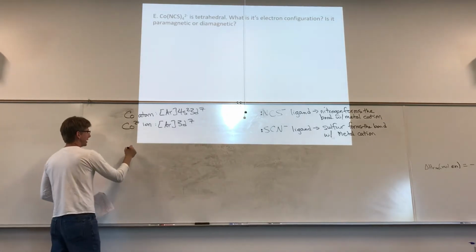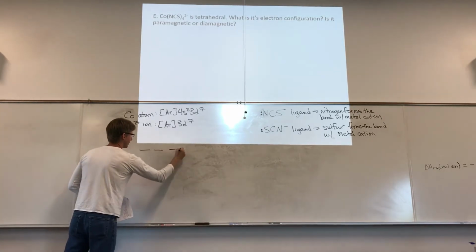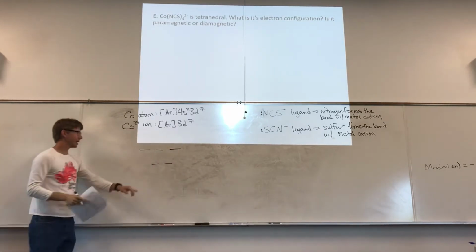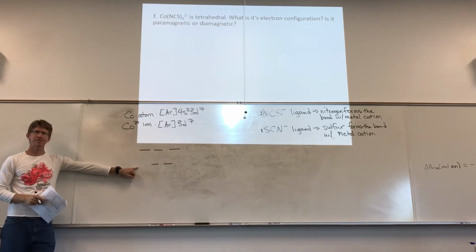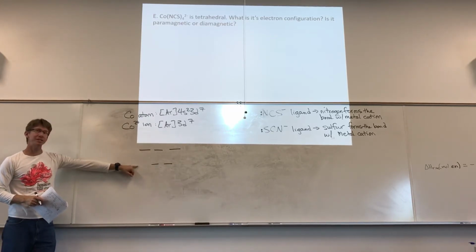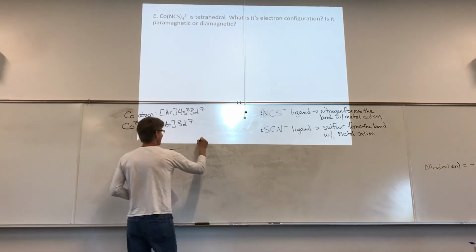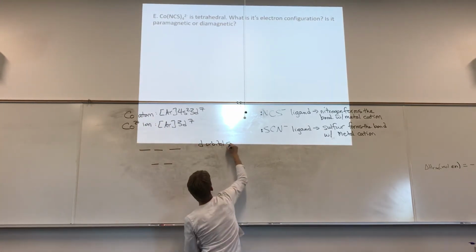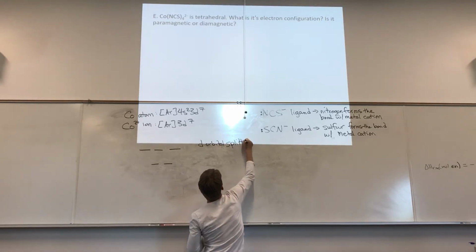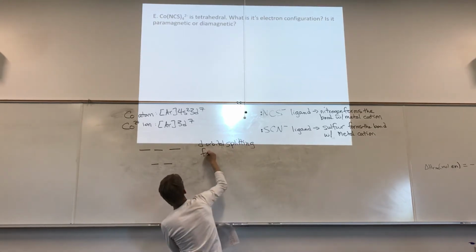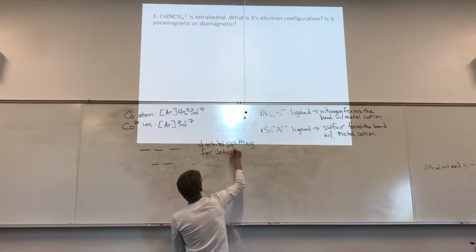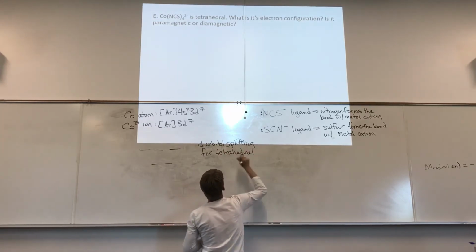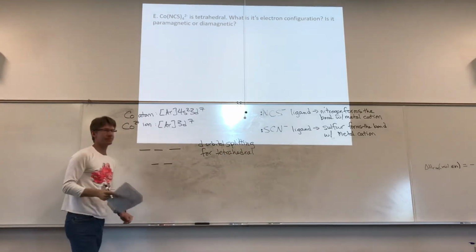And from the previous page, we have the d orbital splitting for tetrahedral.